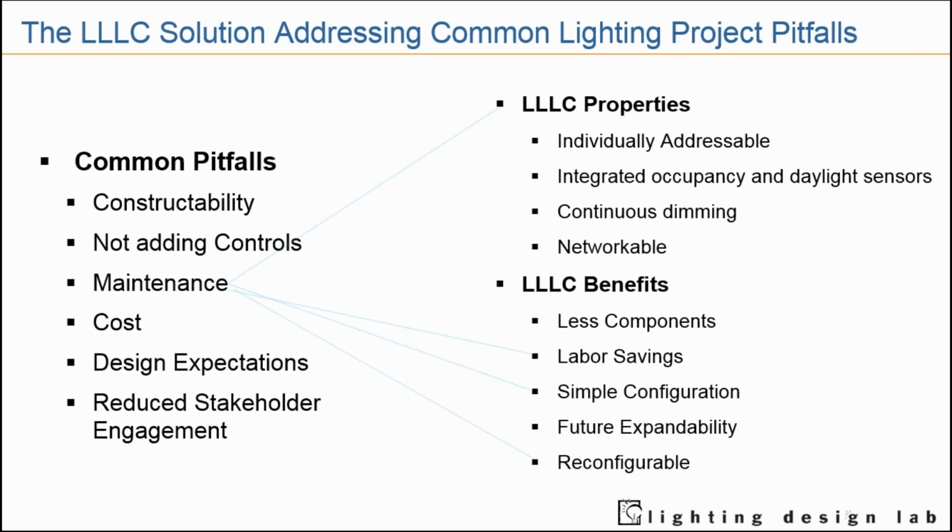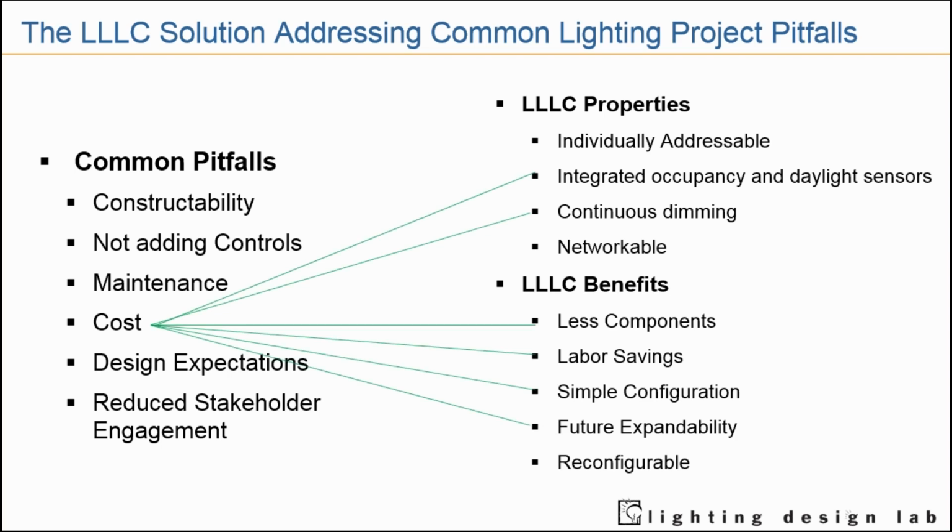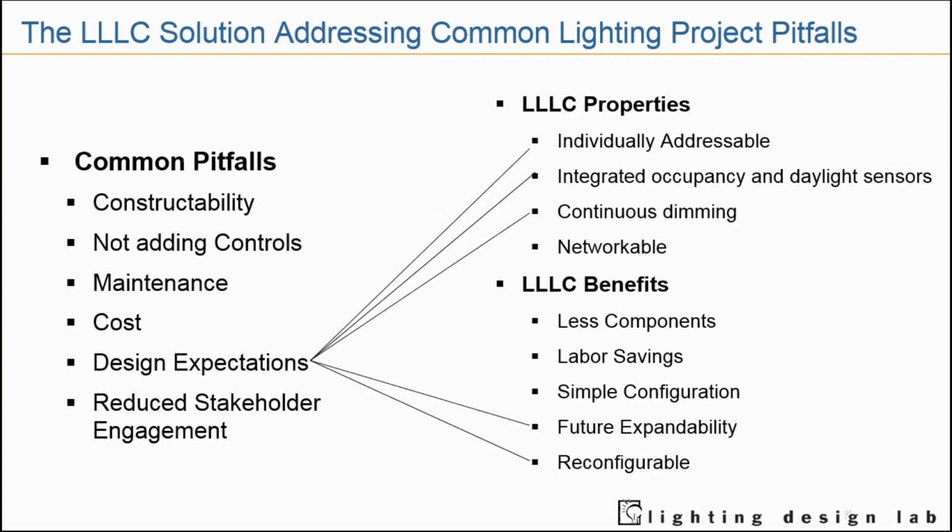Again, just fewer components and the ability to reconfigure without changing wires or going to the ceiling helps ease of maintenance. The savings that you get from not having as many components, and from the dimming and sensors, will yield additional savings. So it's a more cost attractive opportunity as well. Obviously, being more flexible can help with design expectations if the design needs to shift even after the fixtures and the groupings have been done.